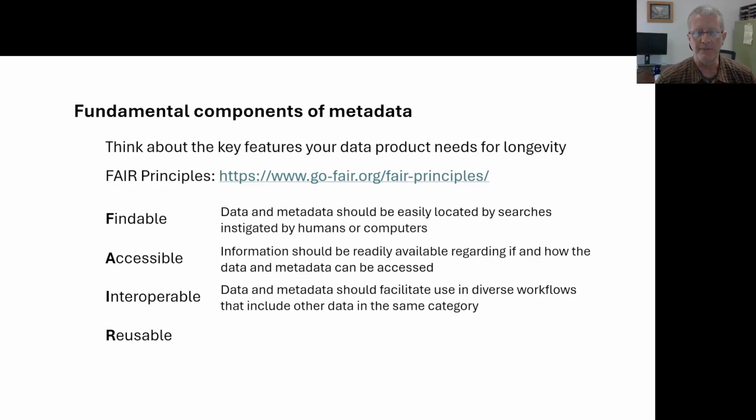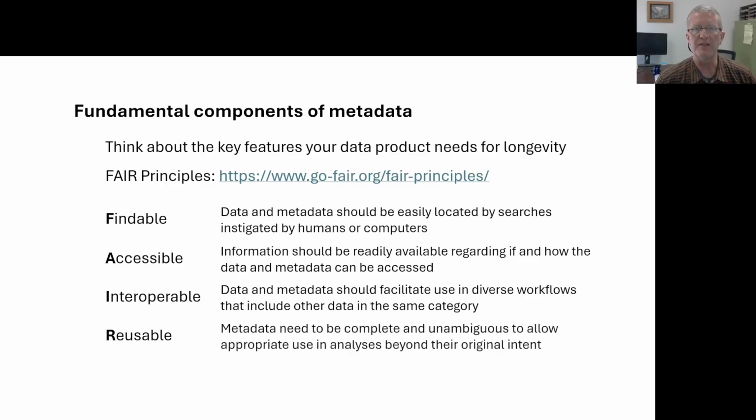Like findability, interoperability in metadata is mostly about using a vocabulary for describing the data that a given community can understand. This means avoiding use of imprecise terms that can mean more than one thing, or avoiding using more than one term to refer to the same thing.